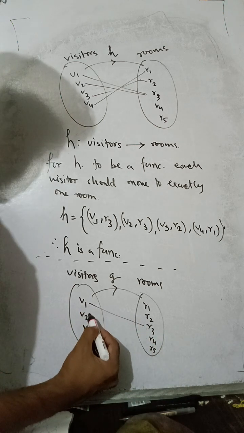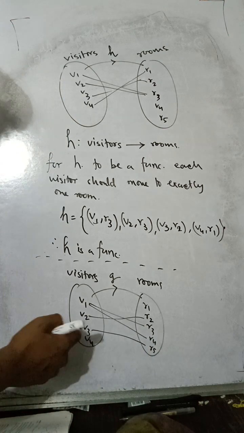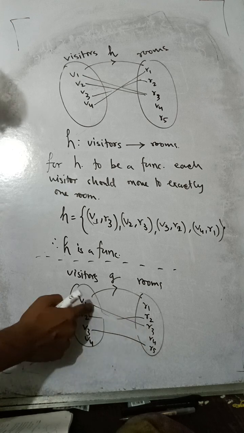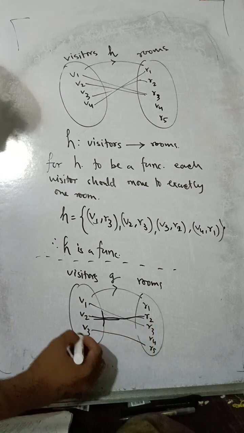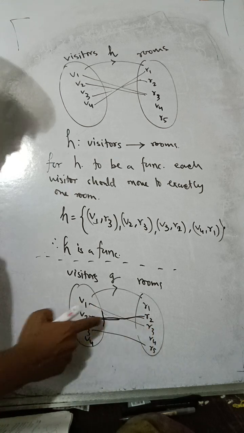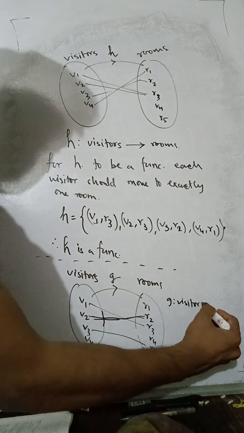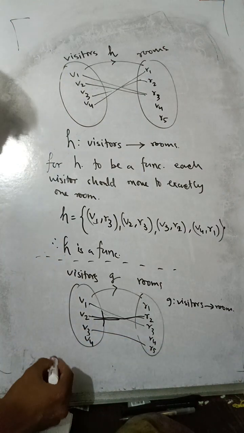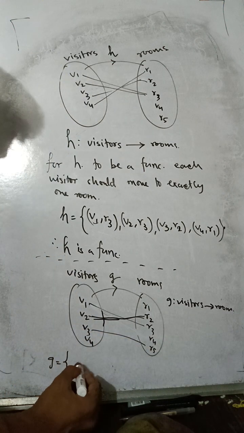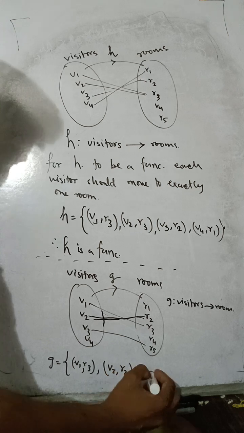So if our visitors move like this, v1 is moving to r3. What is g? g is a relation from the set of visitors to the set of rooms. The relation g will be (v1, r3), (v2, r2), and (v3, r5).